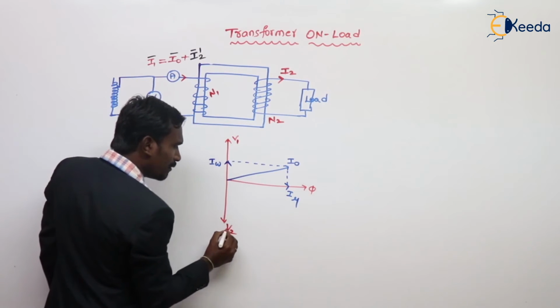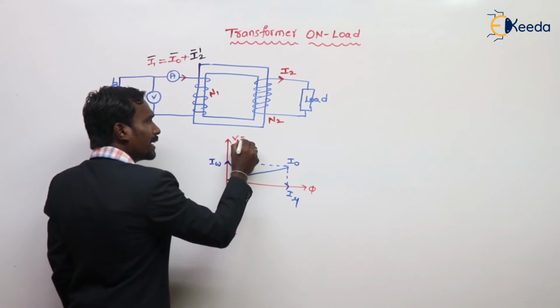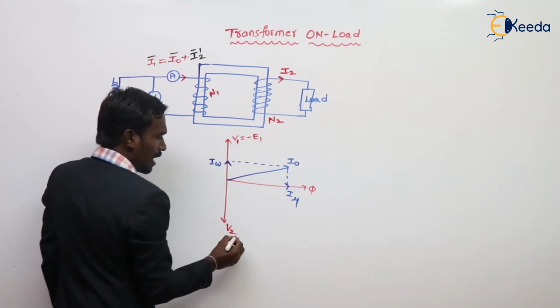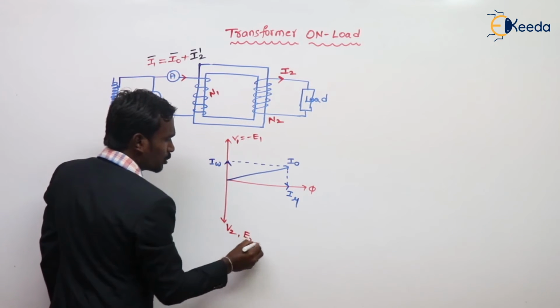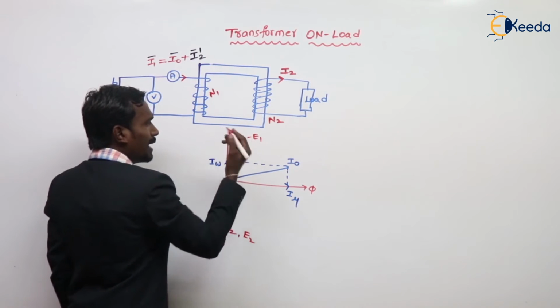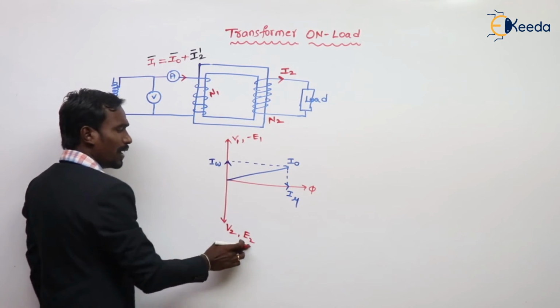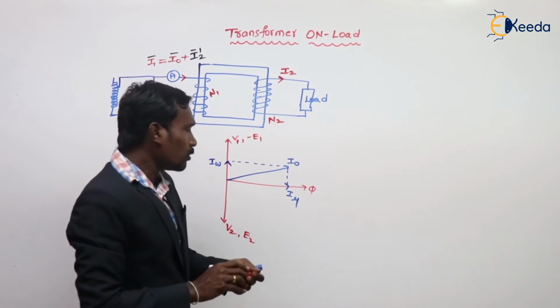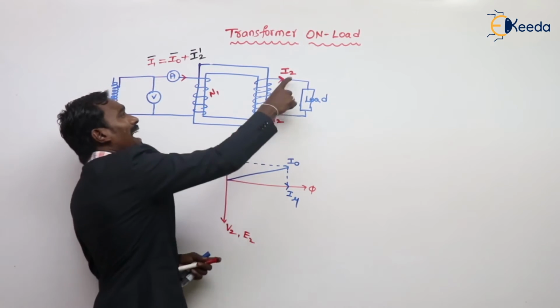Of course, here E1, but here I am taking minus E1, and here E2. Here V1, minus E1, and here V2 and E2. Now tell me, where is my current I2?